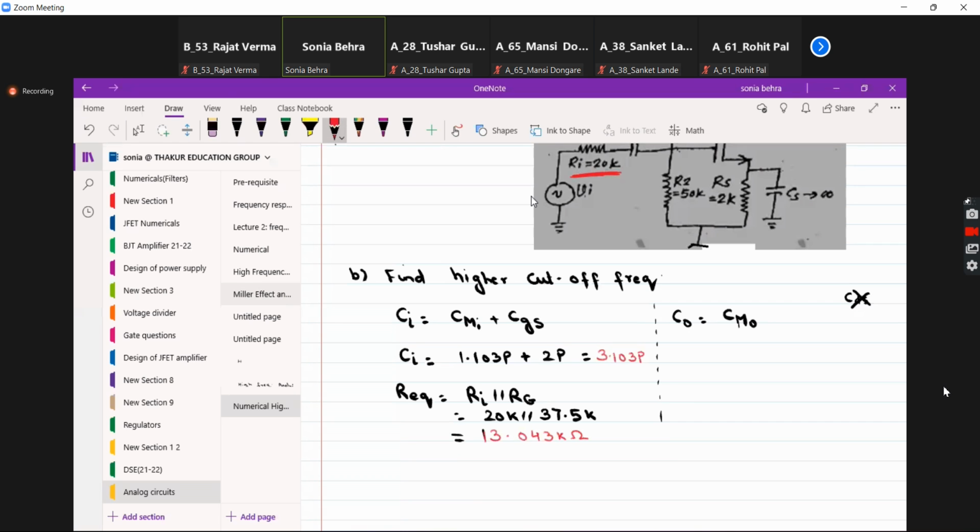Once you get R equivalent and once you get CI, you can find out FHI, which is equal to 1 by 2 pi R equivalent into CI. Find this value, just put your R equivalent, put your CI, give me FHI. Fast.